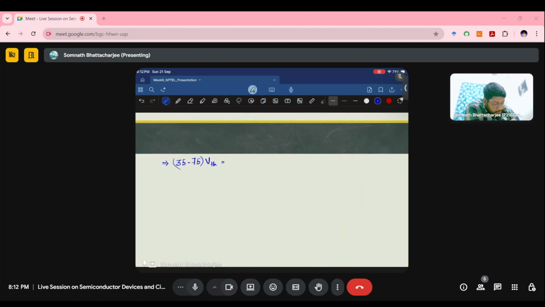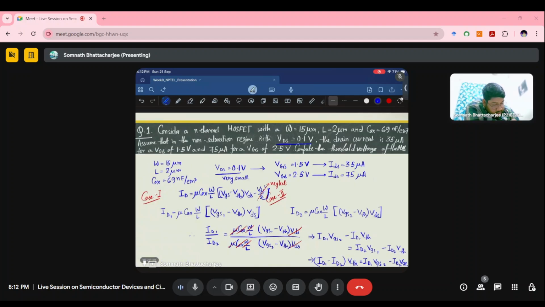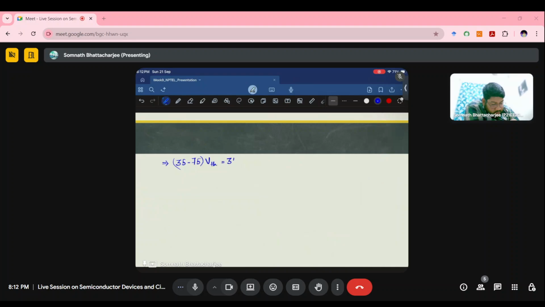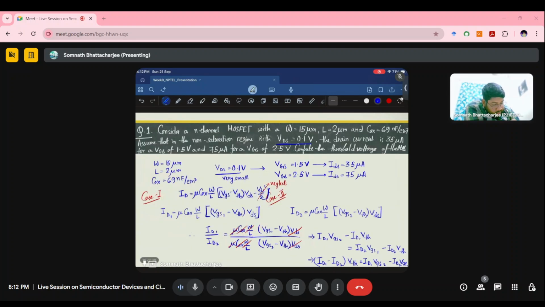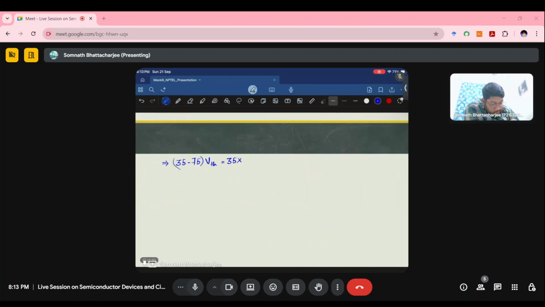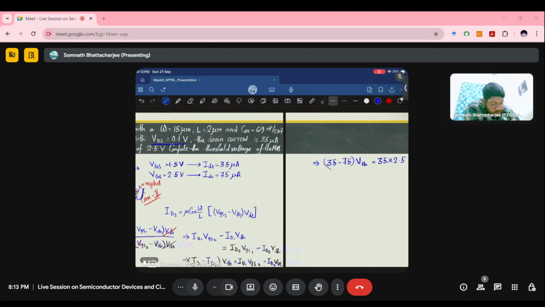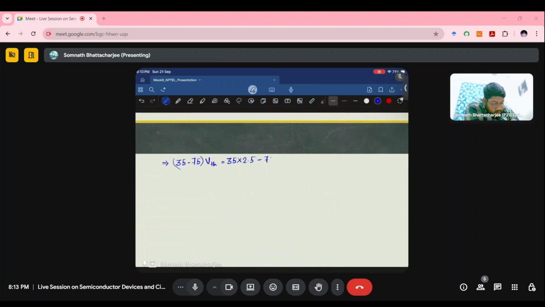VTH equals ID1, that is 35 multiplied by VGS2, which was 2.5, minus 75 multiplied by 1.5, divided by 35 minus 75. We just have to put the values, and this will be in volts.